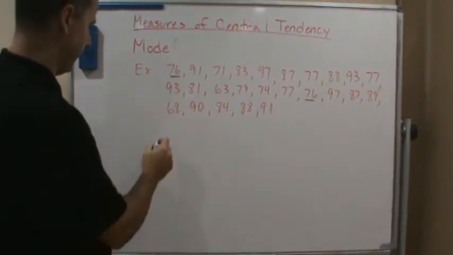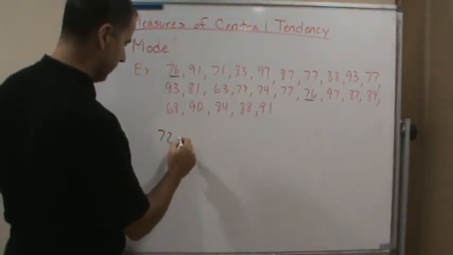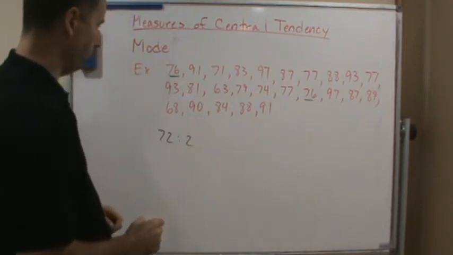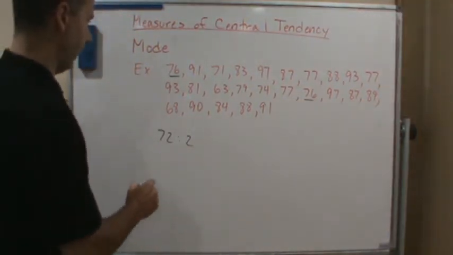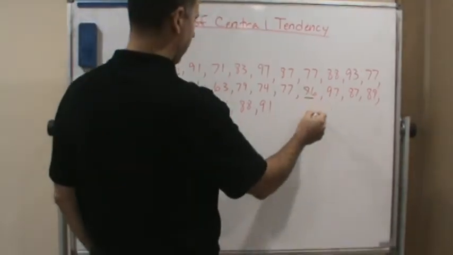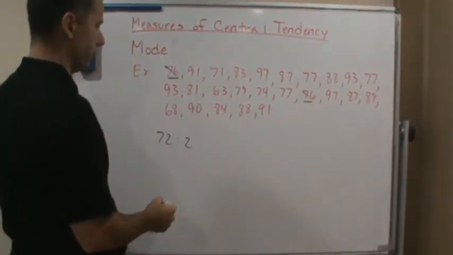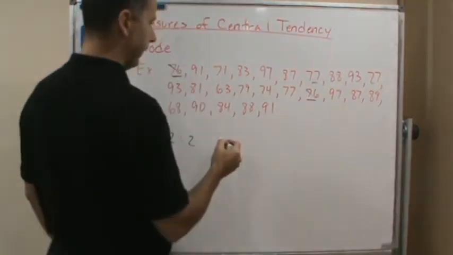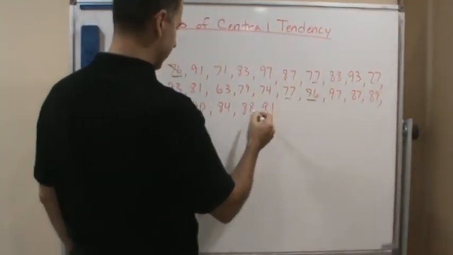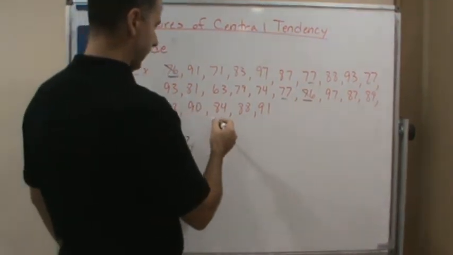That's 2, right? So 76, there are 2. So let's cross those off. And then 77. 77, we got 1 here, 1 there, 1 here, and I think that's it.